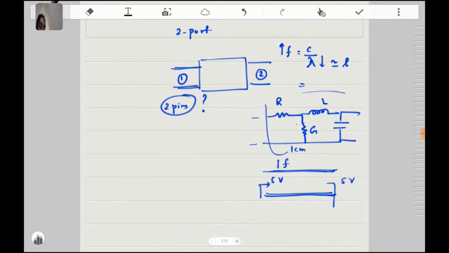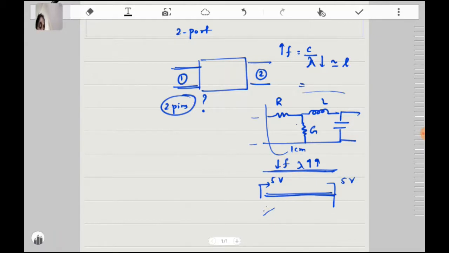Obviously when frequency is low, the wavelength is quite high, so there is no instantaneous change in the voltage. There won't be much delay between transmission and reception.